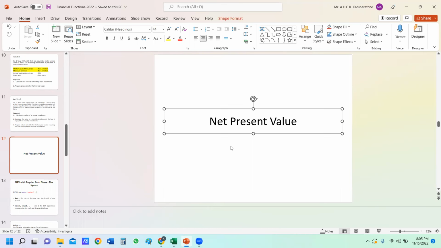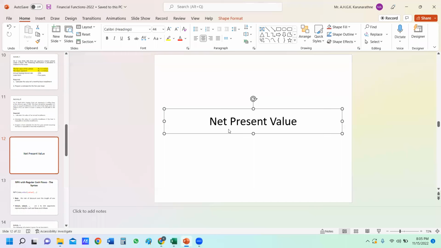Actually, net present value reflects the wealth generated by the business project to your business. In general, wealth is the present value of future expected cash flows of a particular investment. That's the theory. We are not going to discuss that.